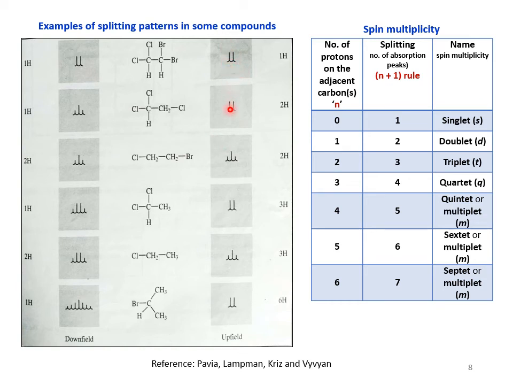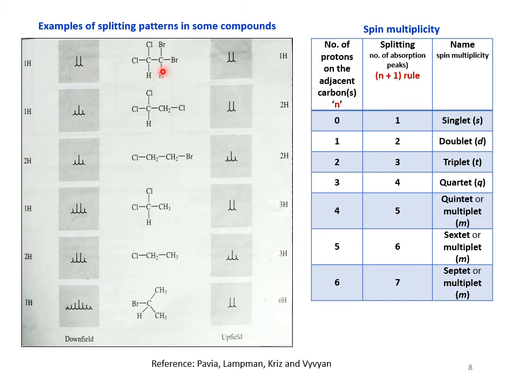The signals which are on the right side are upfield, meaning these are shielded, and the signals on the left side are downfield, meaning these protons are de-shielded when compared to the signal corresponding to this proton. So this is 1,1-dibromo-2,2-dichloroethane. Here there are two sets of protons.